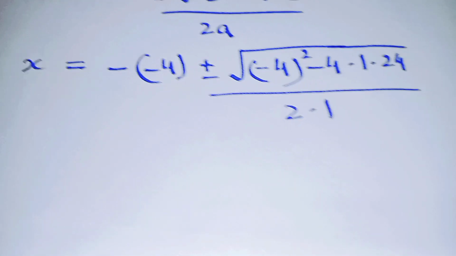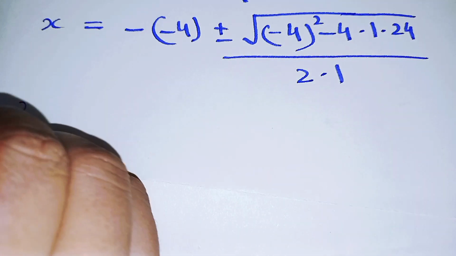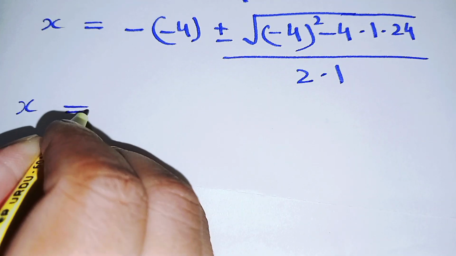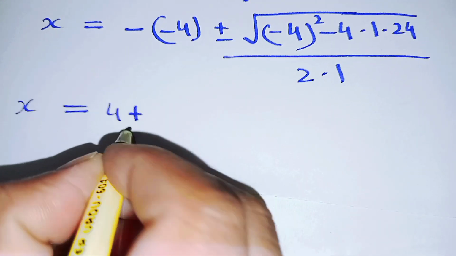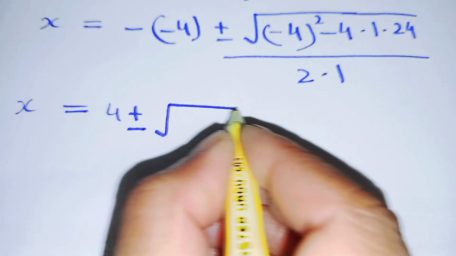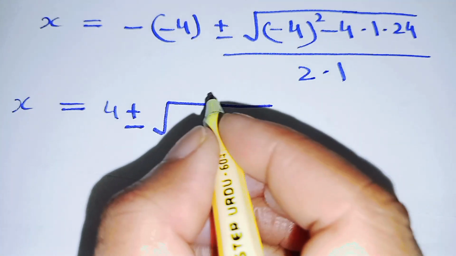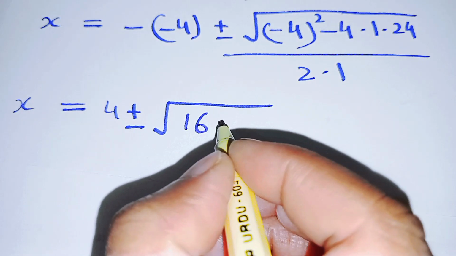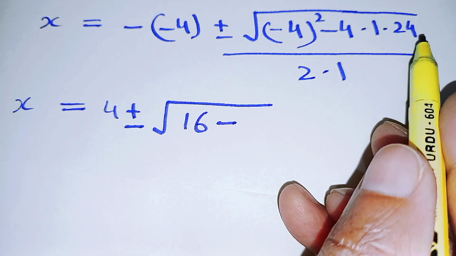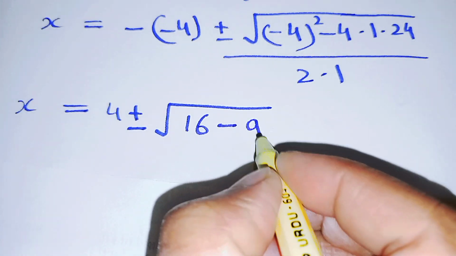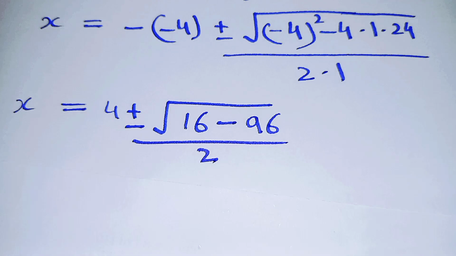In the next step we solve them. x is equal to 4 plus minus square root of minus 4 square, which is 16, minus 4 times 1 times 24, which is 96, over 2.